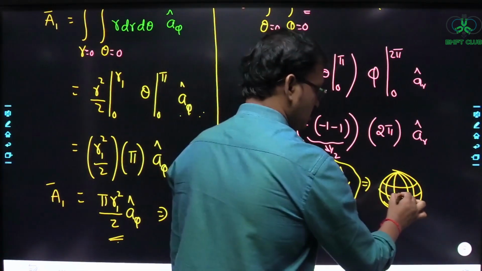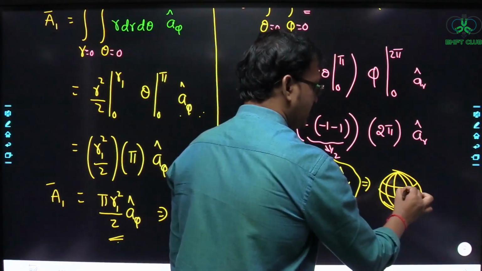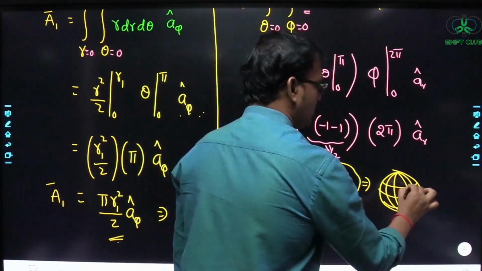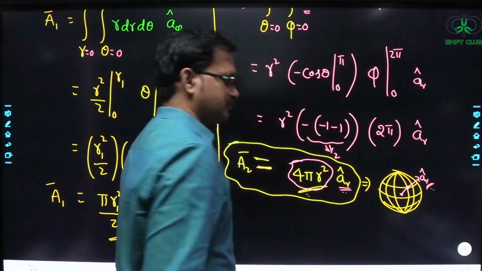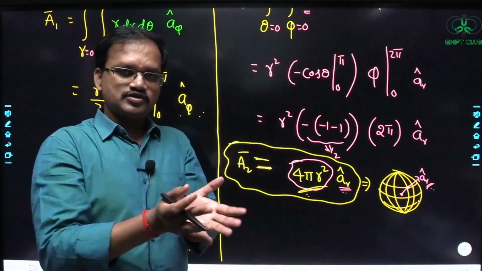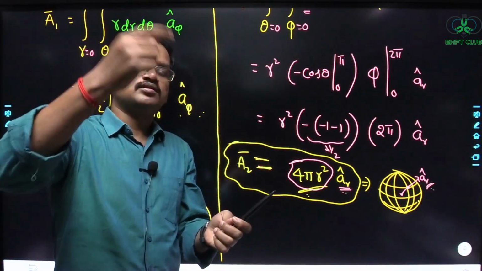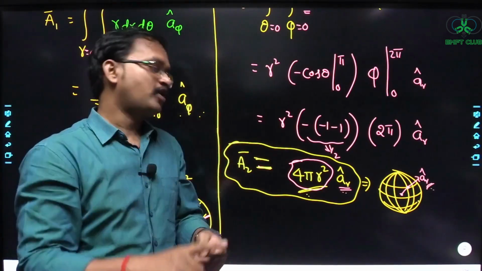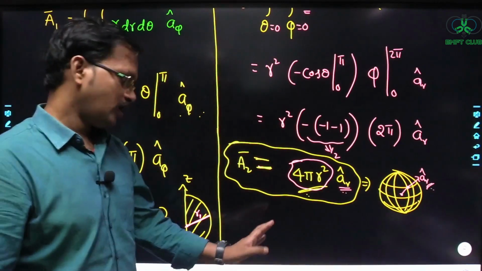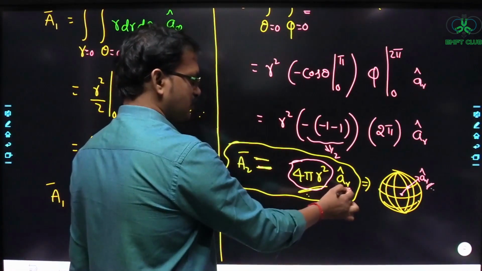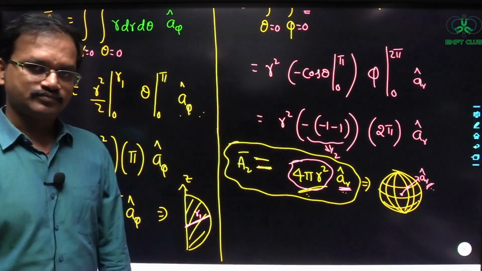So that means if you draw a normal at any point on the surface of the sphere, it is going to point in which direction? It is going to point in AR cap direction, right? So take the surface of the sphere, and if you draw a normal on the surface of the sphere, it always points in AR cap direction. Understood? Okay, so this is the direction of the surface of the sphere, right?